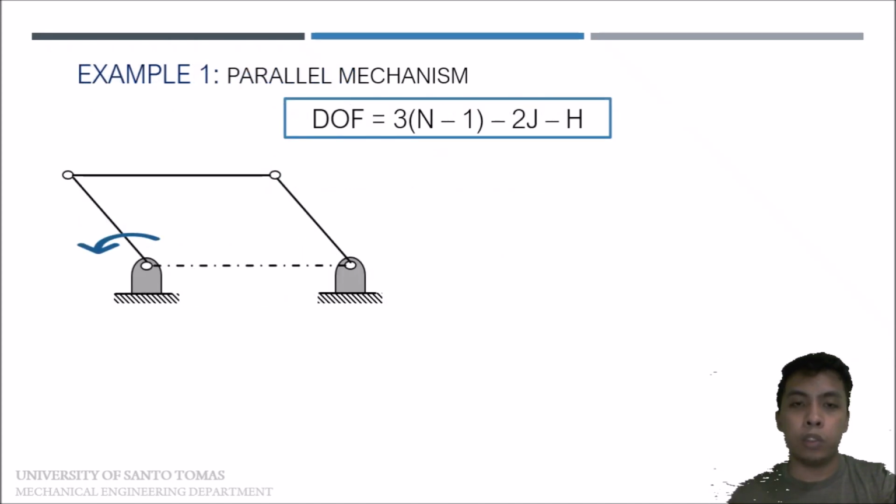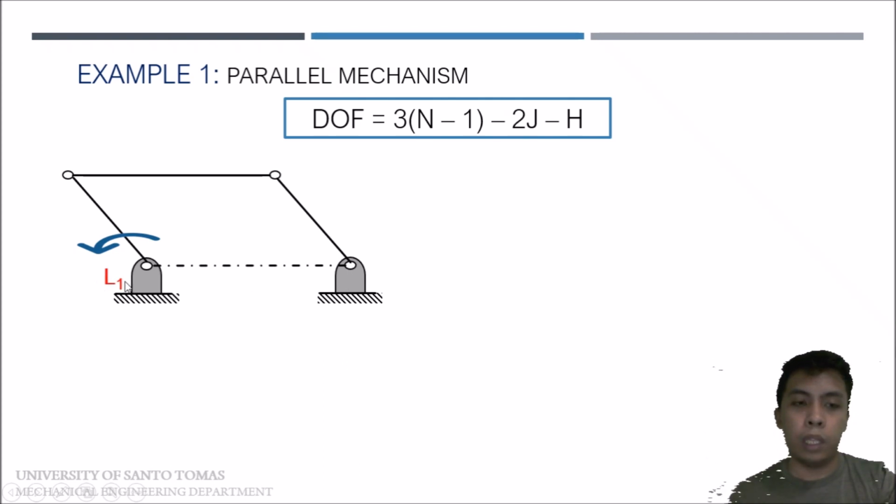So in order for us to understand Grubler's equation, let's try it on an example. So we have here a parallel mechanism. Kaya siya tinawag na parallel mechanism because the linkages are parallel. So let's try to solve this problem. Our formula is DOF equals 3 times (n minus 1) minus 2j minus h. First, let's count the number of links in this mechanism.